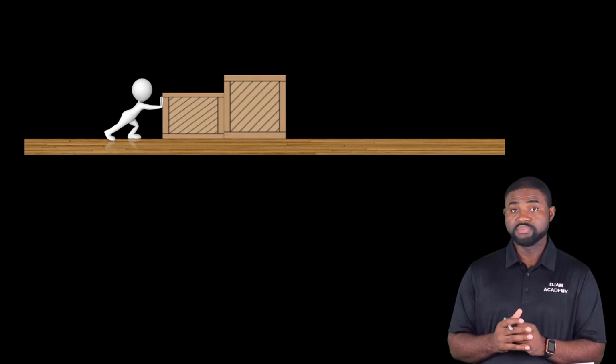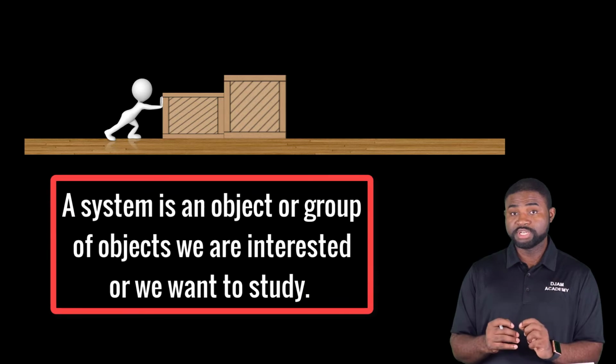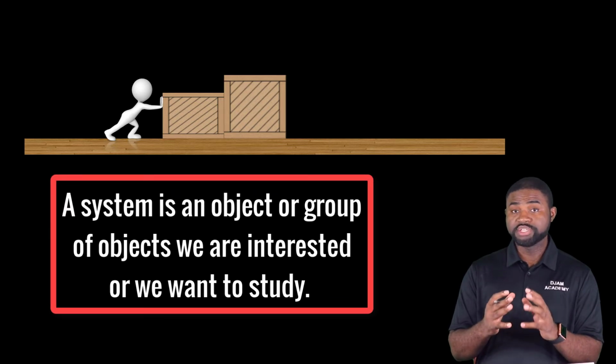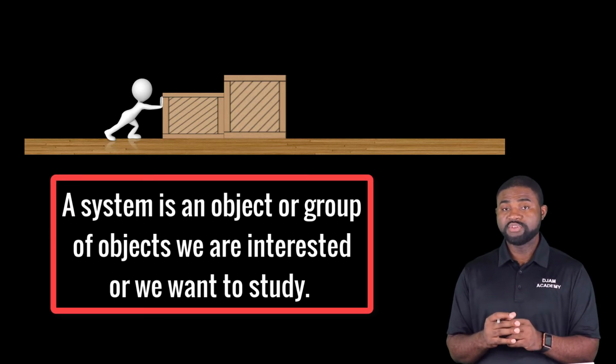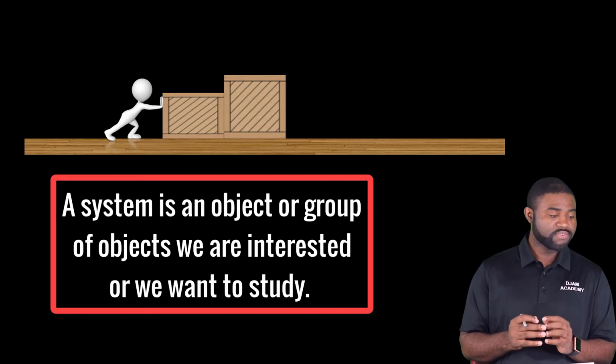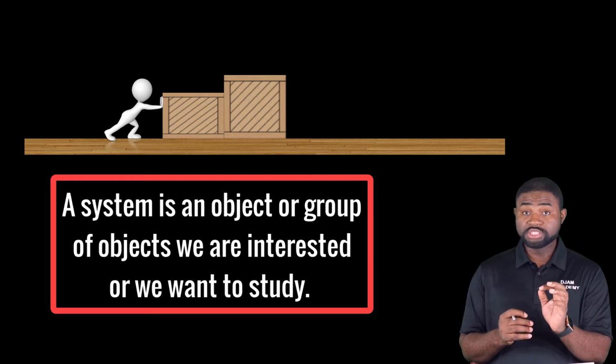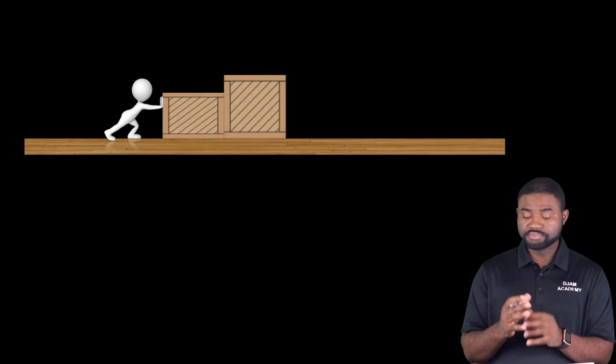Now the good news is the definition is very simple. A system is any object or group of objects we are interested in. Let me say that again. A system is an object that our attention is focused on.